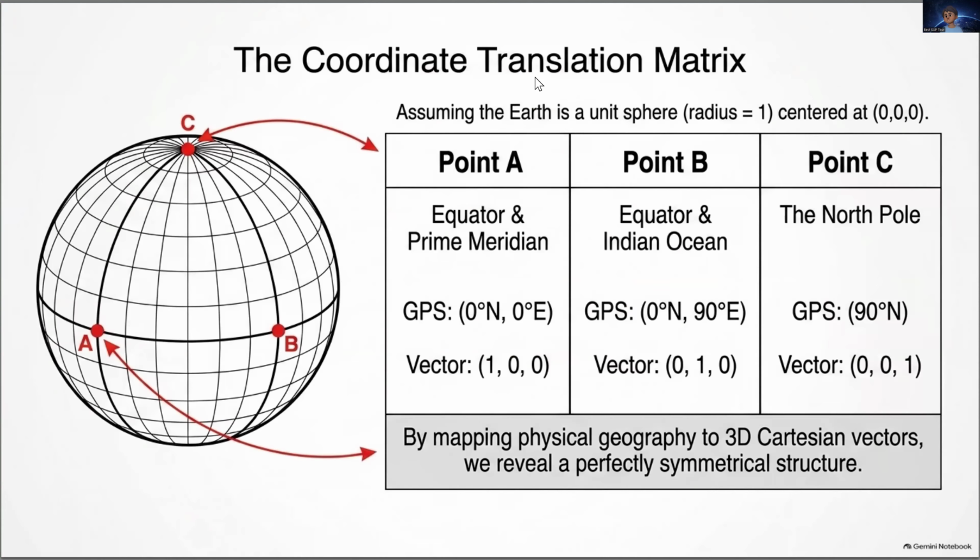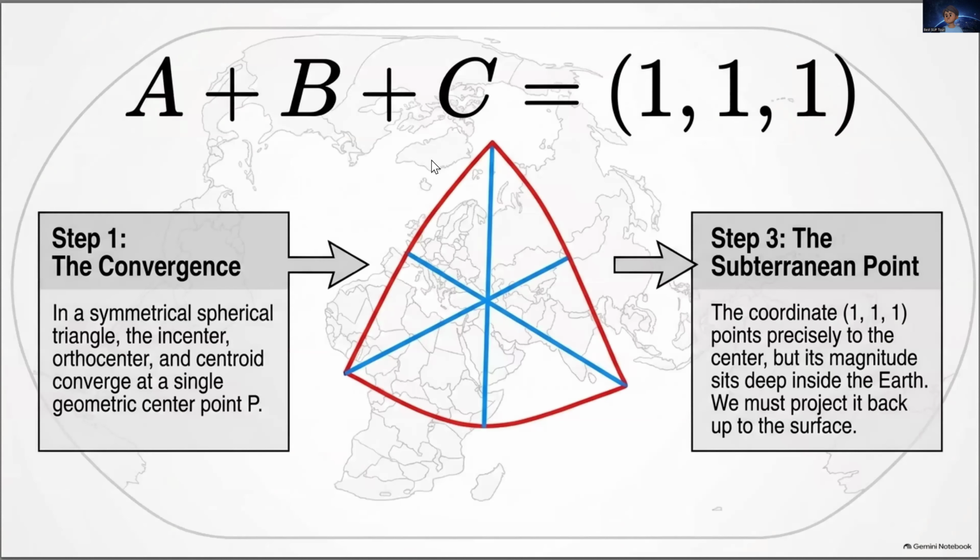The coordinate translation matrix, assuming the Earth is a unit sphere, radius 1, center at 0, 0, 0. Point A, point B, point C, and we can get the spherical right triangle by mapping physical geography to 3D Cartesian vectors.